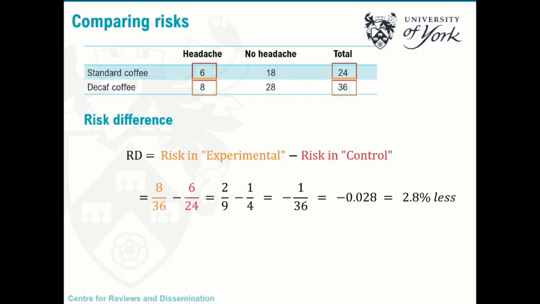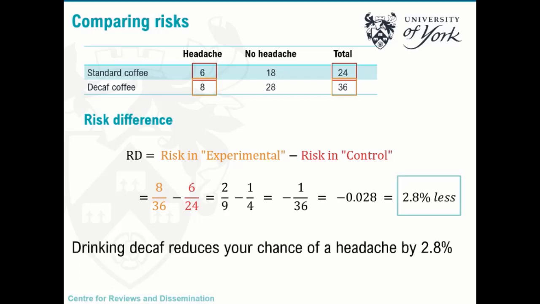This simplifies to minus 1 over 36, which is minus 0.028, or a reduction of 2.8%. Therefore, we can say that drinking decaf reduces your chance of a headache by 2.8%.